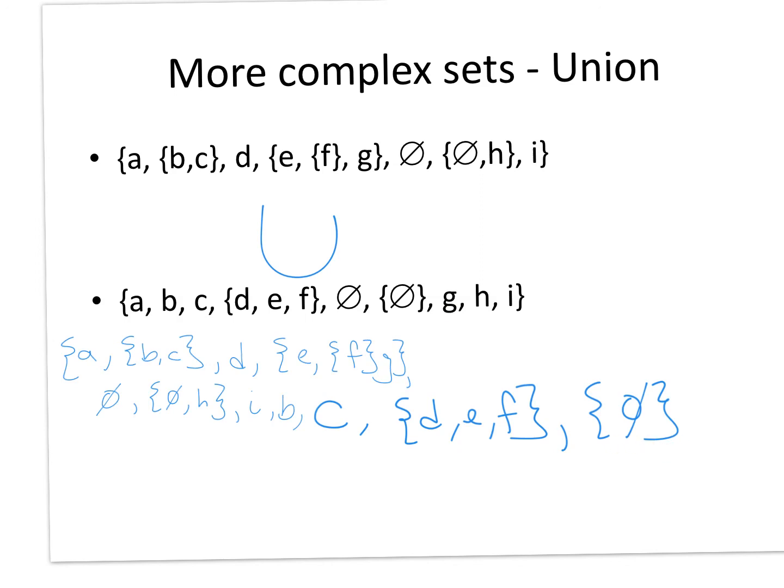And then we have G, H, and I. Well, G and H are nowhere to be found here, right? They're not in here. I mean, there's a G, but that's in another bag, and there's an H, but that's in another bag. But I is here already. We see it right there. So I just need to add my G, my H, and my close curly, and that's my whole set.